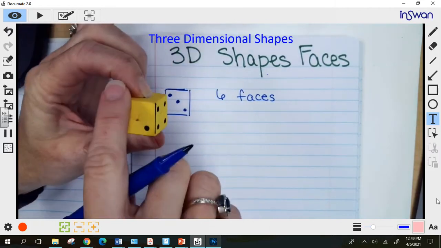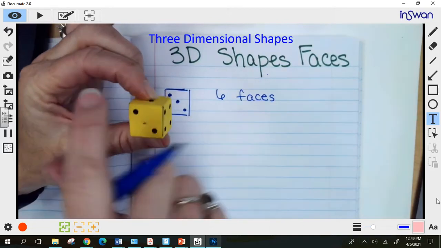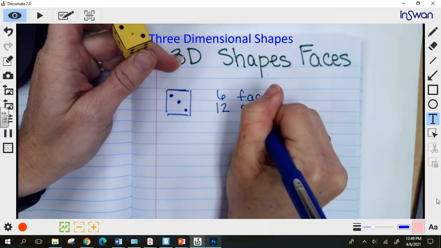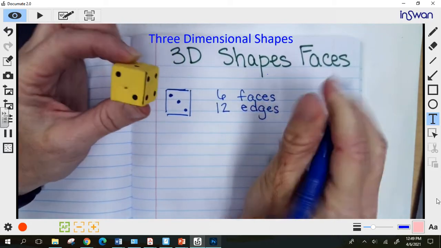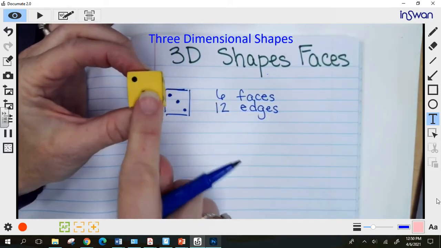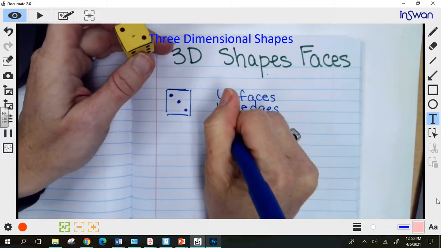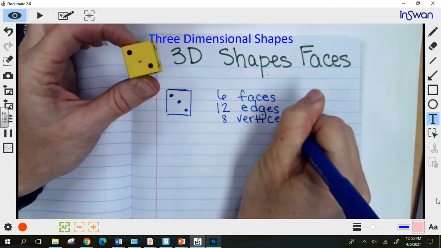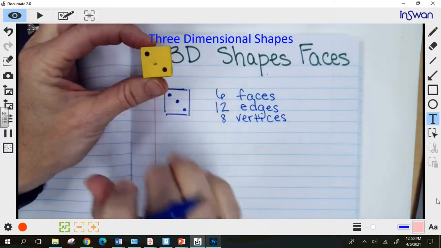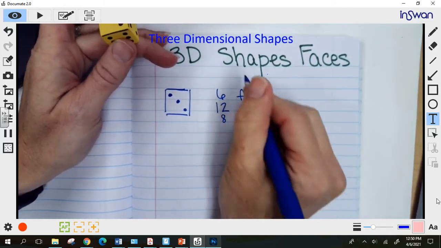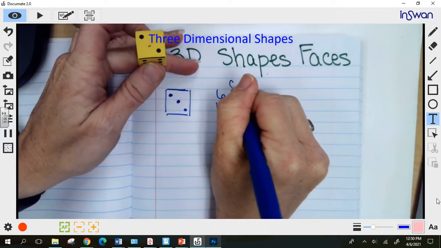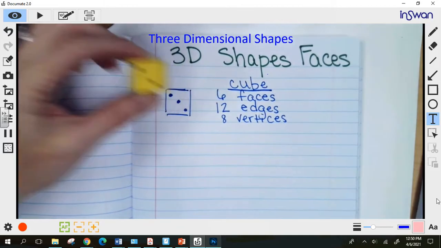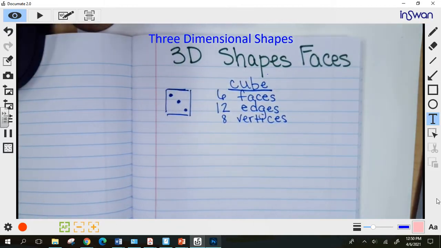Let me do the bottom. 5, 6, 7, 8, 9, 10, 11, 12 edges. And my vertices, 1, 2, 3, 4, 5, 6, 7, 8 vertices. And so I know that this shape is called a cube. So I'm also going to label the name right above my description. This is a cube. And then I'm going to do one more.